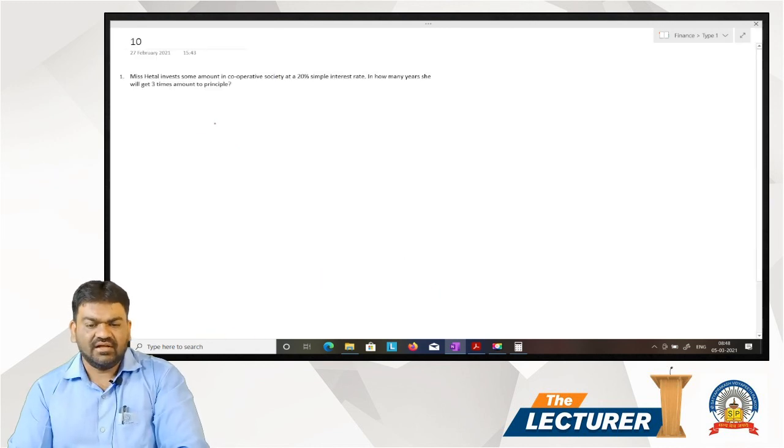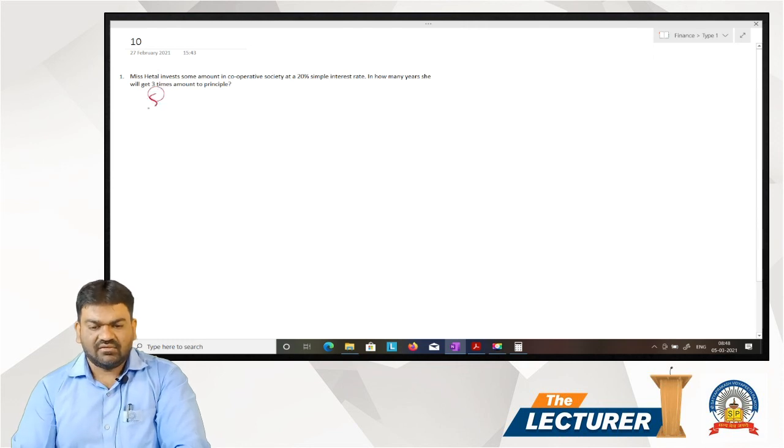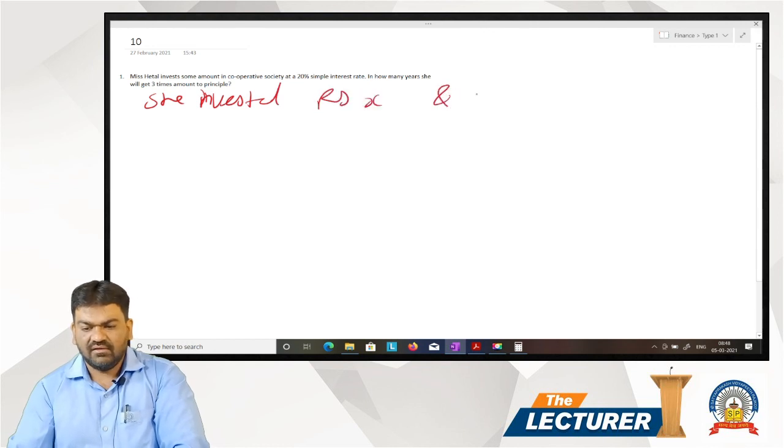Next, example number 10. Miss Hethel invested some amount in a cooperative society at 20% simple interest rate. In how many years will she get 3 times the principal amount? So let's see, invested rupees x and she will get 3x.